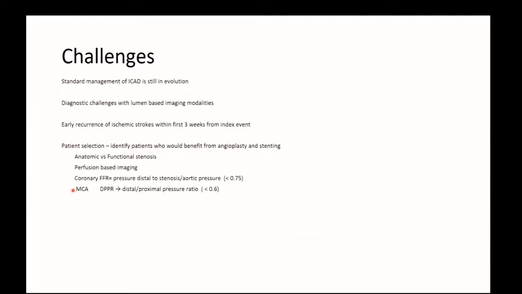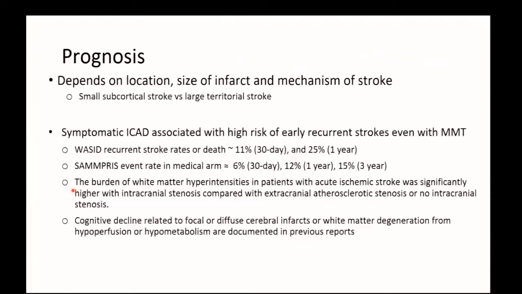So, what are the challenges in the future of ICAD? The challenges are here with the standard medical treatment. We have a 6% risk of recurrence in the first month. I don't like to tell this number, I avoid telling our patients that, but we see it every day.